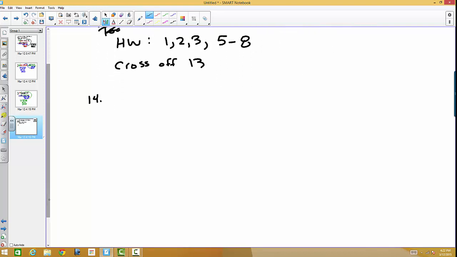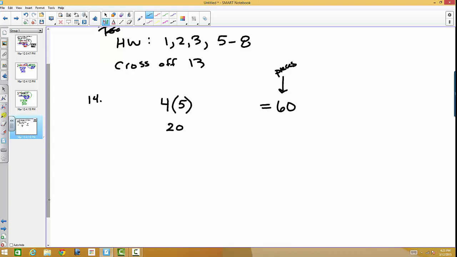So number 14. It says the cooking club made some pies to sell at a basketball game to raise money for new math books. The cafeteria contributed 4 pies. And then it says each pie was cut into 5 pieces, and there's 60 pieces. So we have 60 pieces as our total. So this is how many pieces of pie. Alright, so the donation of 4 pies, that is really 20 pieces.